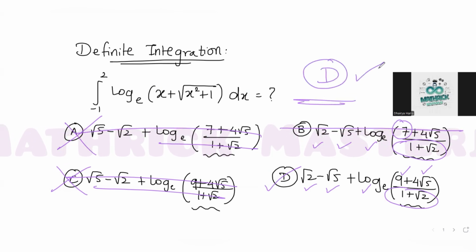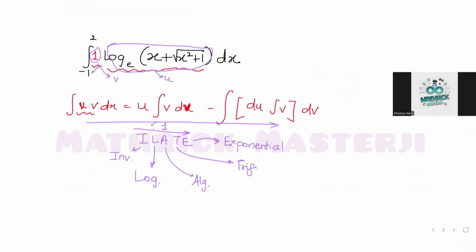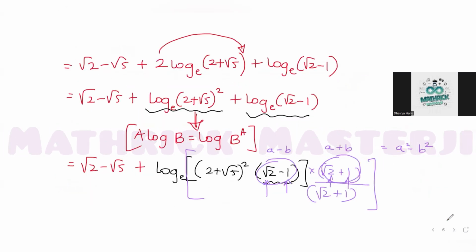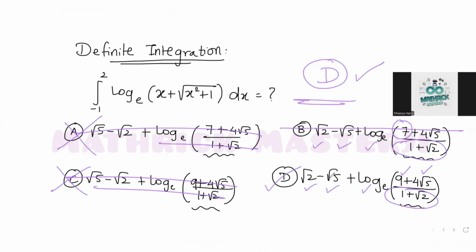I hope you have understood how to solve this type of question. So I just used the idea of manipulation and converted the entire given question into product rule. Once I got the question converted into two functions, I just applied the product rule here. And applying the product rule gave me the answer for the question, and that answer basically matches with the answer choice D. So D becomes the correct answer for this question.